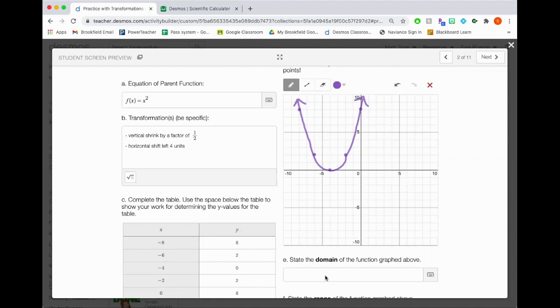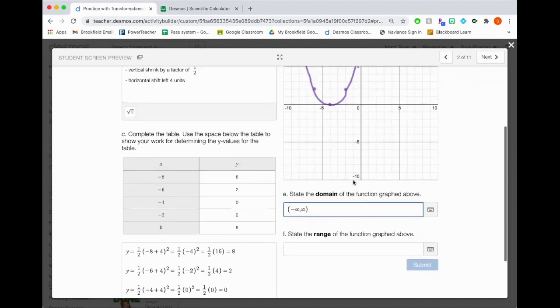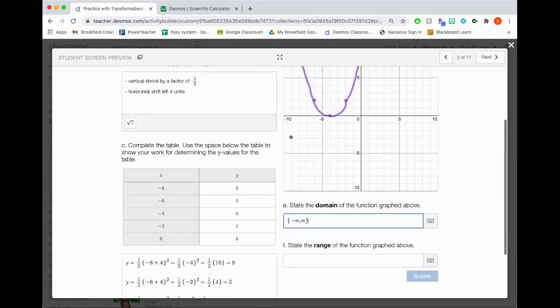So then it says state the domain. The domain for every single quadratic is -infinity to infinity. Every quadratic, doesn't matter about the transformations. And then the range, the range is y values, bottom to top, so smallest to largest.